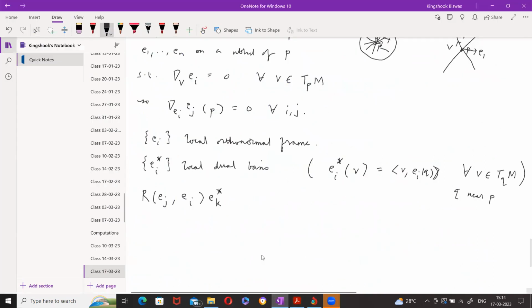Let me just give you the general formula, instead of this particular case.